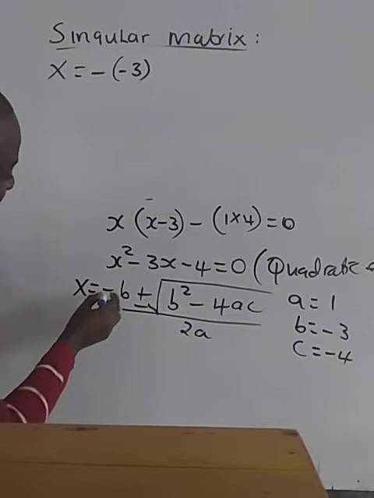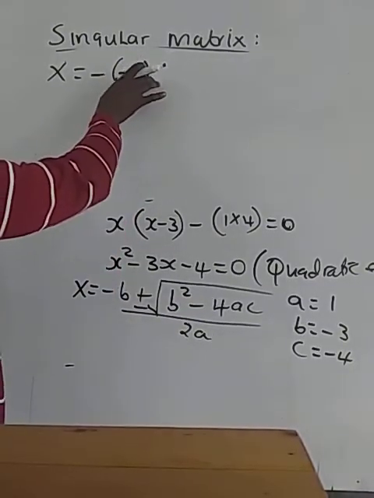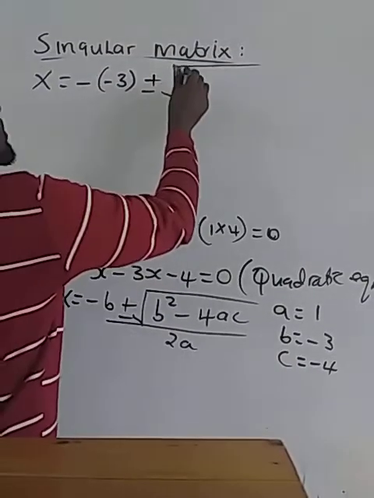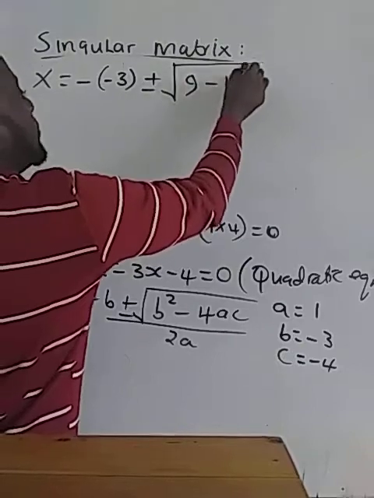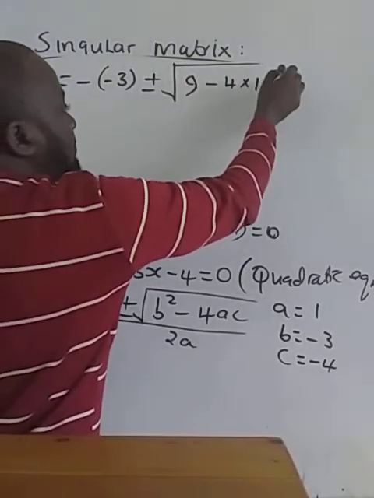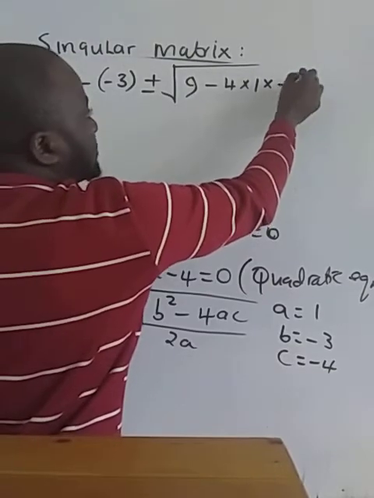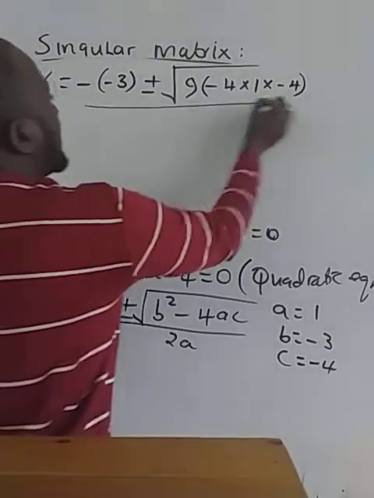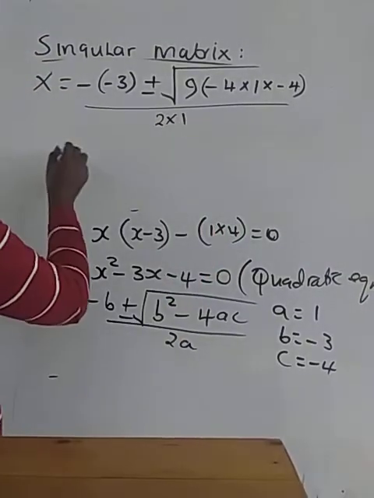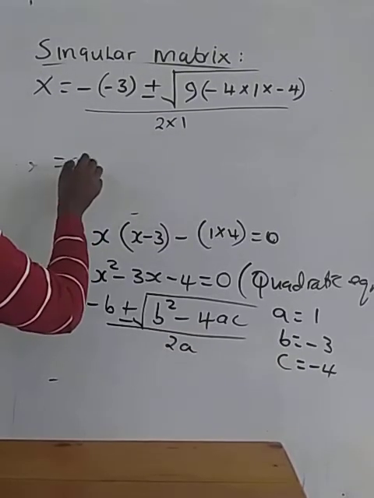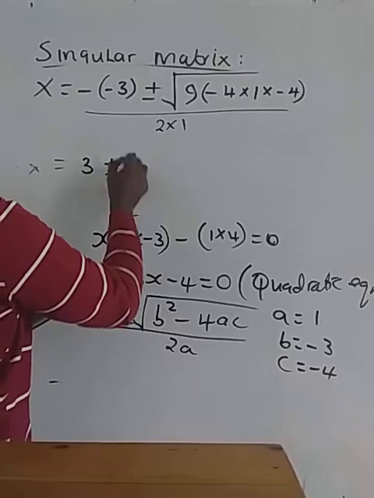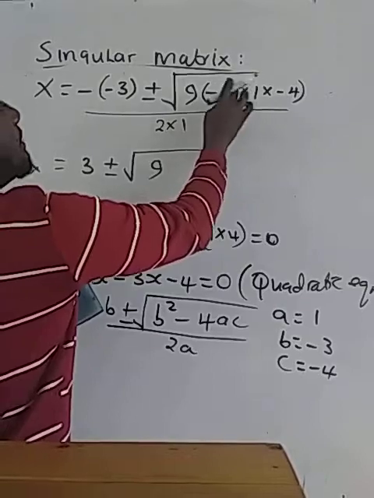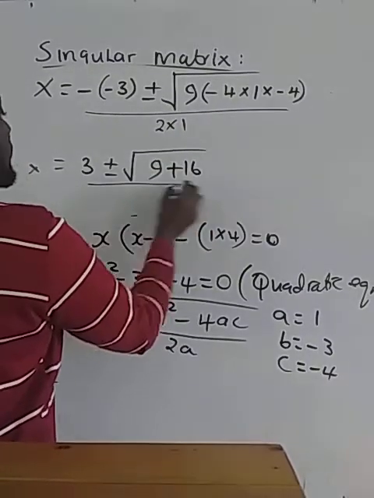You multiply with minus 3, plus or minus the square root of b squared, that is minus 3 squared, you get 9, minus 4 times a, which is 1, times c, which is minus 4, over 2a, 2 times 1. This one will give us minus and minus, so 3 plus or minus the square root of 9 minus times minus. This one will give us positive. But this is 16, over 2.